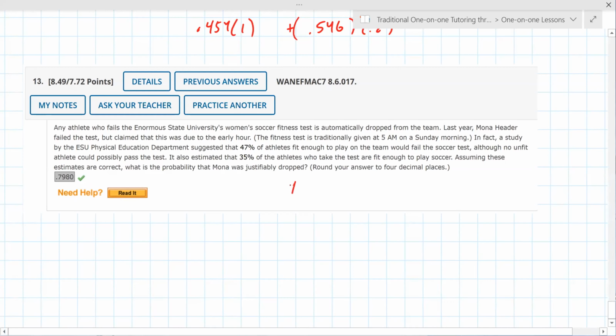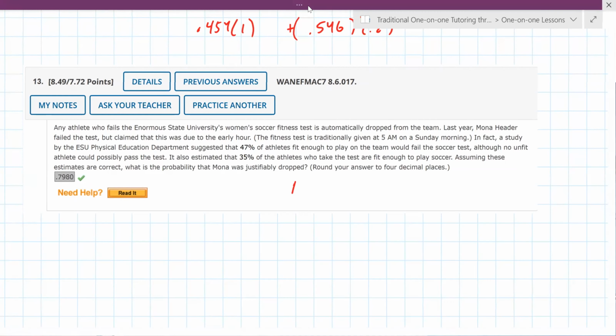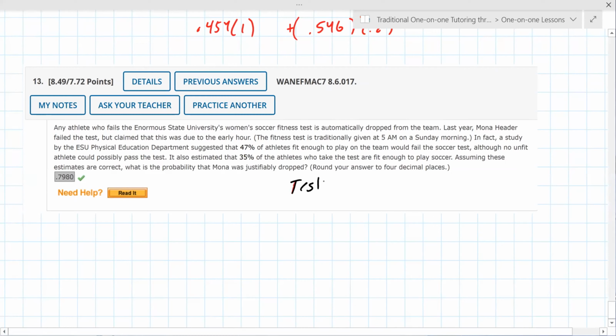So I think we start out with a test. And this one's a little bit tougher. So there are those fit enough to play. So 35% of the athletes who take the test are fit enough to play soccer.